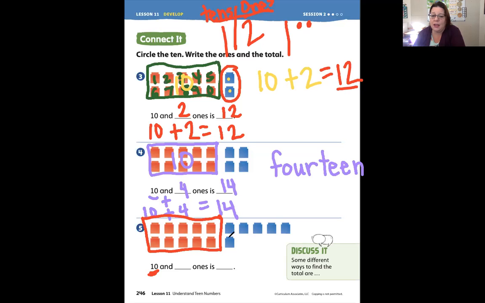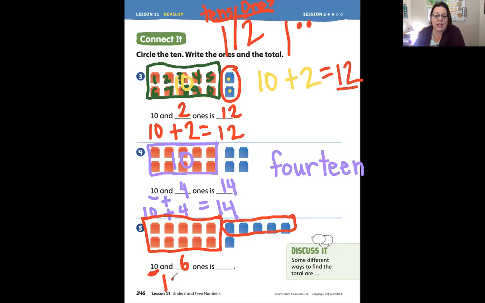You know why? Because just like I have 5 fingers, right? On one hand, I can see when I line it up always like a 10 frame. I have 5 and one more 6, right? So 10 and 6 ones.